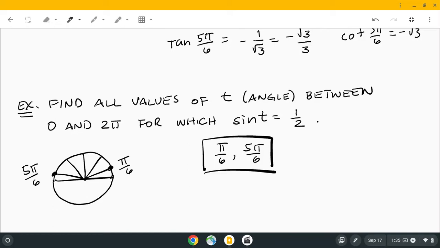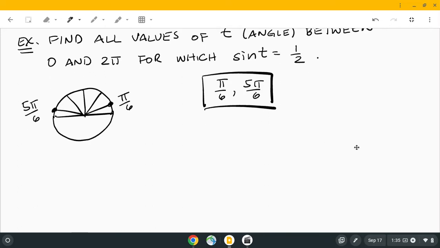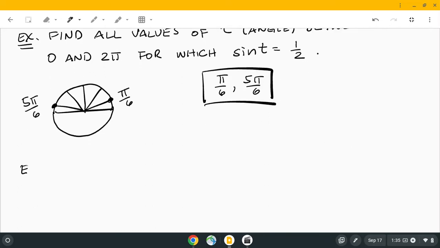All right. Let's take a look at something not so obvious. Let's take a look at this one.